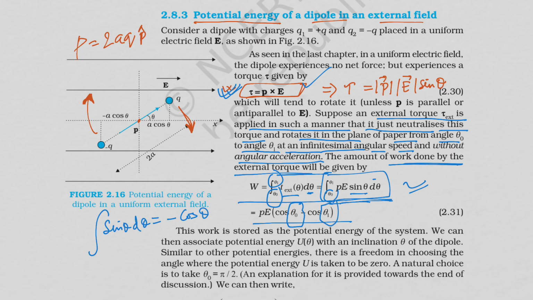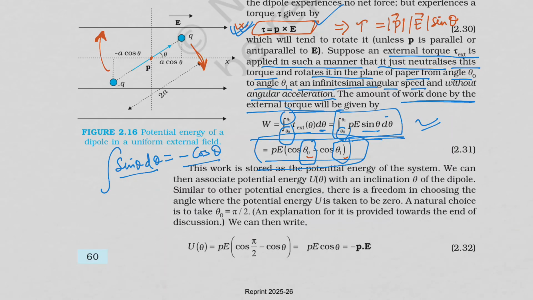So it would have been cos theta 1 minus cos theta naught, but because the integral of sine theta d theta is minus cos theta, we have changed the order. And this is the potential energy stored by the dipole in an external field.